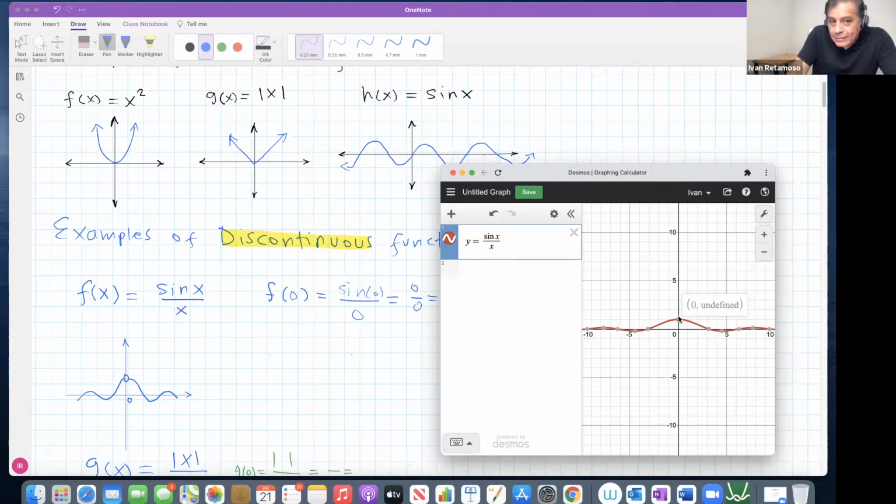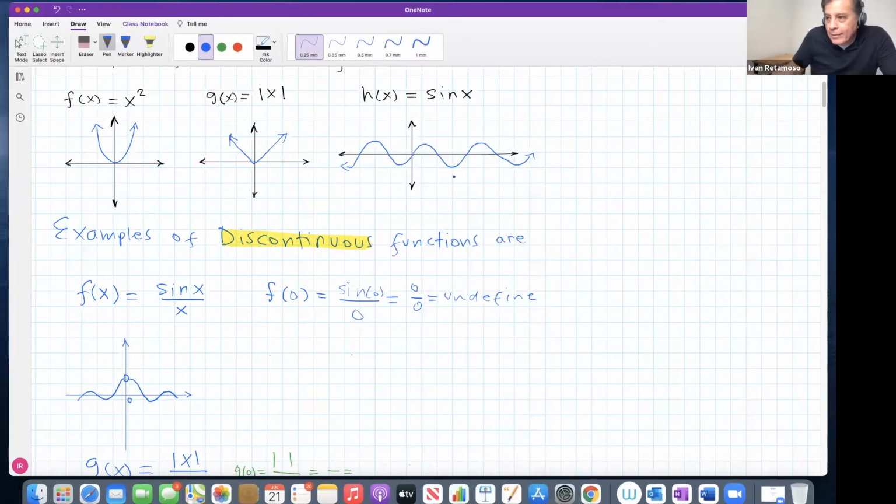So that's the hole. Now, when it's missing just one point, it turns out the situation is not that bad, okay? This type of discontinuity, associated with just one point missing, a hole, is called a removable discontinuity.